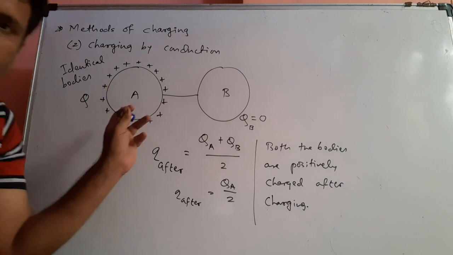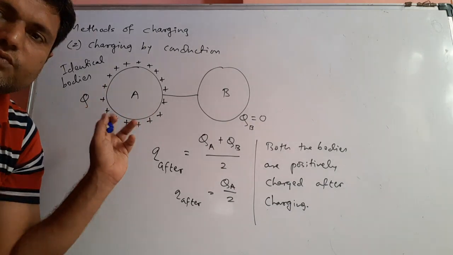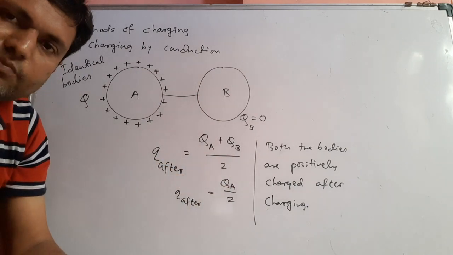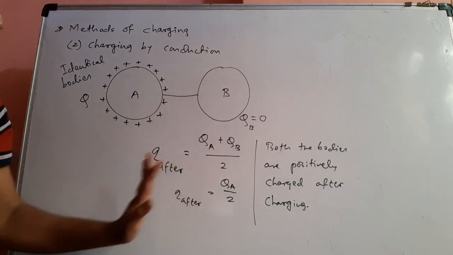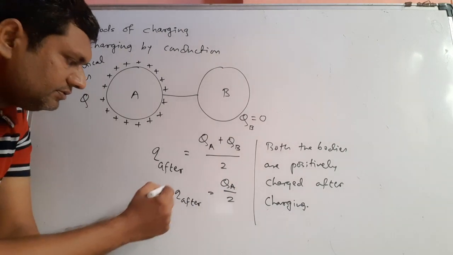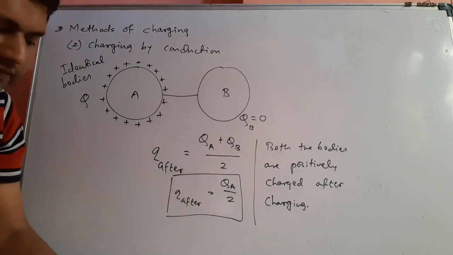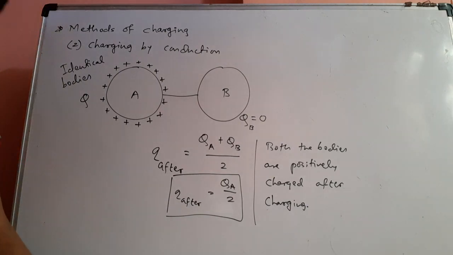Initially the first body, from which we were charging, was positively charged. After charging, both have become positively charged. And the charge on both will be QA upon 2, meaning the charge on the first body divided by 2. So this is for identical bodies. I think it is a very simple method.